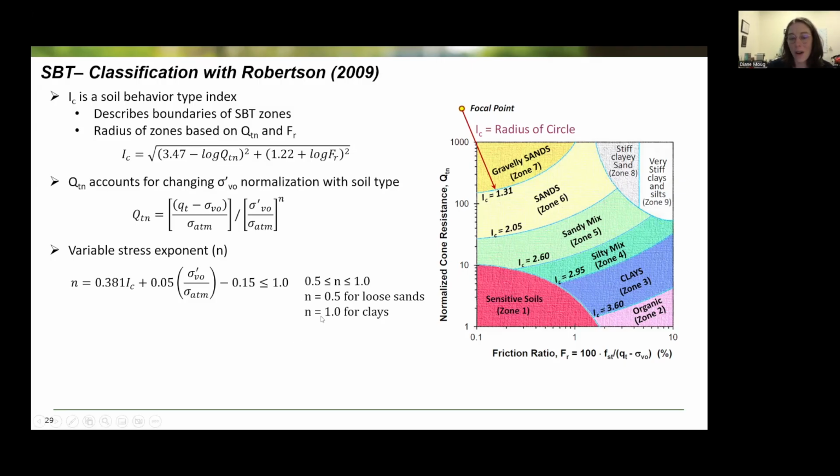Typical values of N are 1 for clays and 0.5 for loose sands, and N varies between 0.5 and 1. So in order to do this iteration, you typically start with an N value of 1, and then iterate on the QTN, I sub C, and N until convergence is reached, usually just a few iterations.